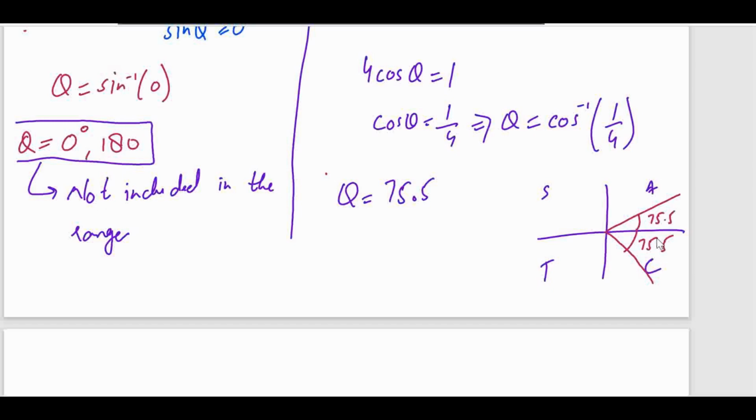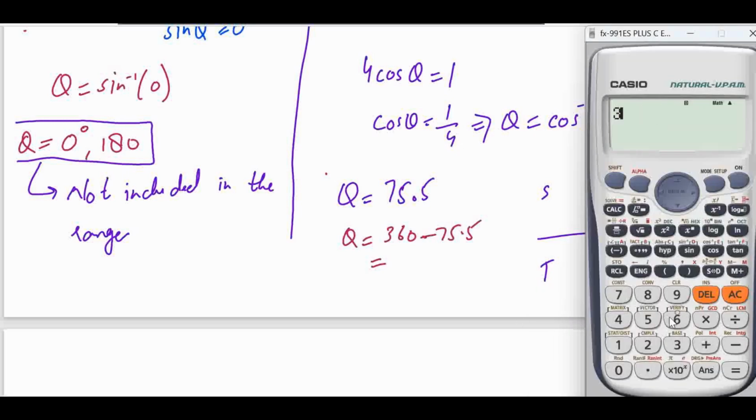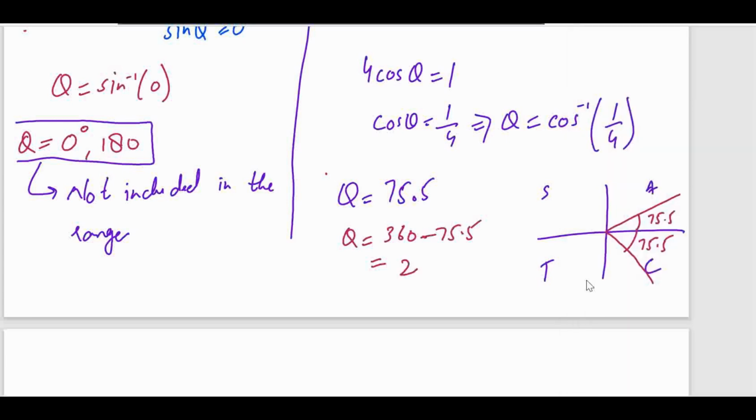सो वी कैन सी दैट एक एंगल तो आपके पास यही होगा, और सेकेंड एंगल विल बी थीटा इक्वल्स टू 360 minus 75.5. So this will be equals to 360 minus answer. This will be equal to 284.5.